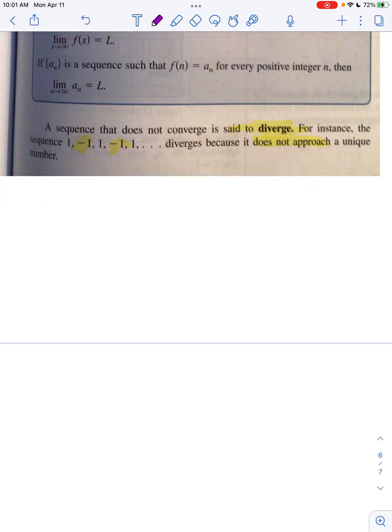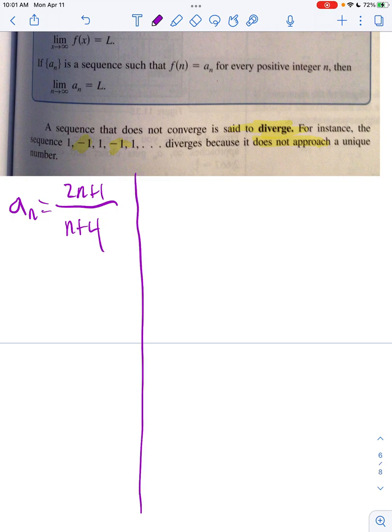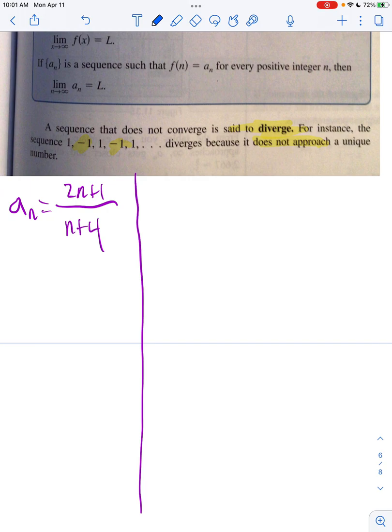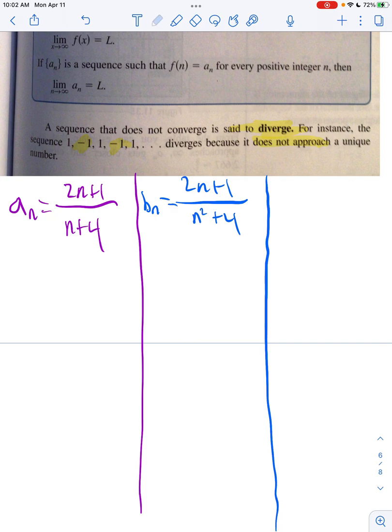Like we did previously with limits, we're going to do 3 examples of different sequences and how they can have different answers. Our first one is a sub n equals 2n plus 1 over n plus 4. Our next one is b sub n equals 2n plus 1 over n squared plus 4.